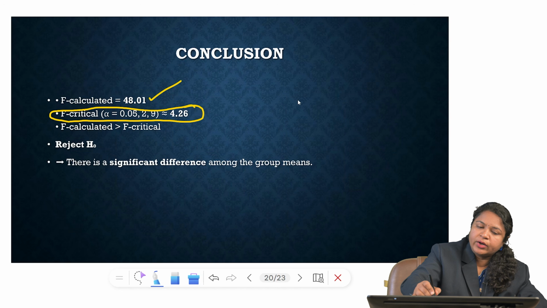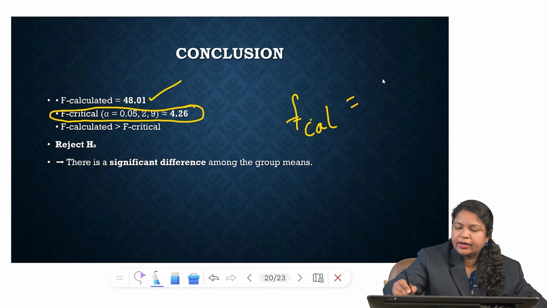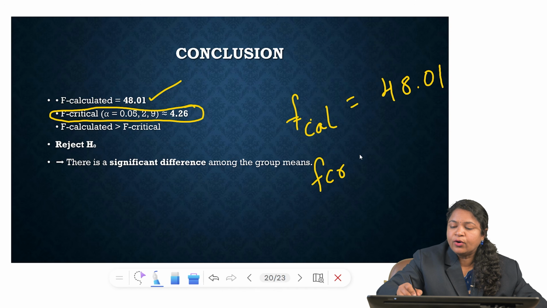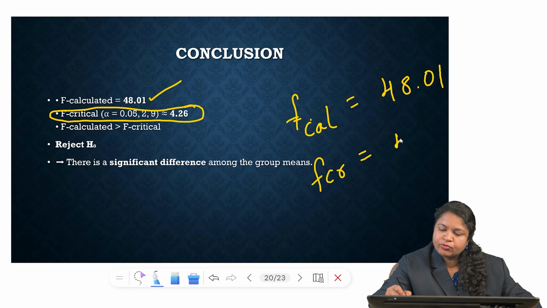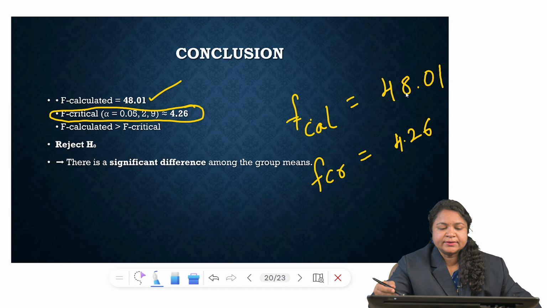Now what we got? Calculated F, from the F distribution, we got as 48 and critical value we got from the table as 4.26. So you can see there is a lot of variation from calculated to critical value.